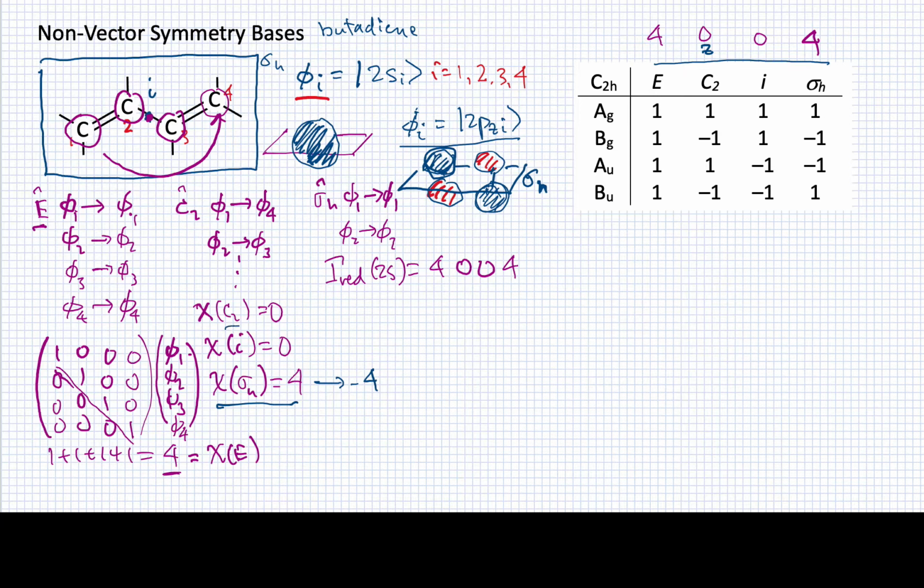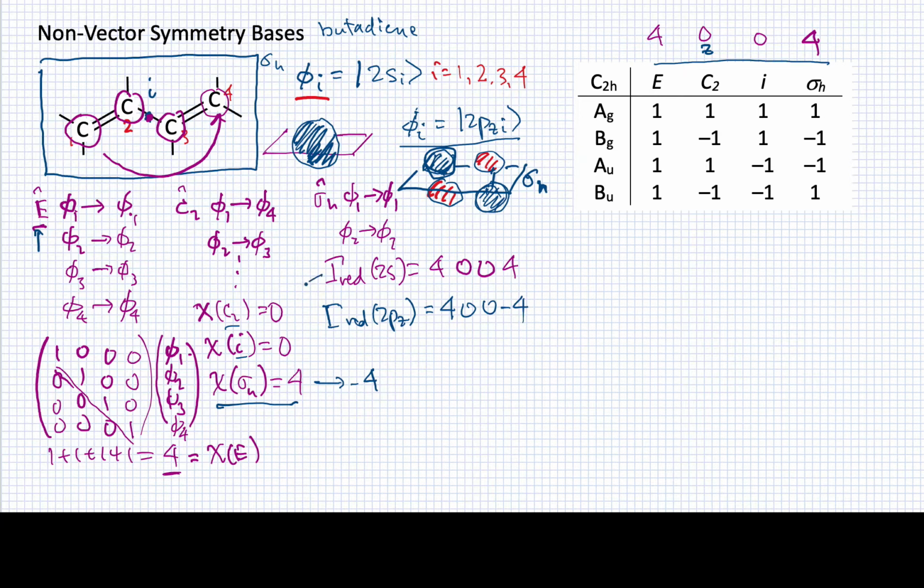Otherwise, C2 and i still change the atoms around, so we aren't going to have any elements on the diagonal for the pz orbitals, but we are going to end up with elements on the diagonal for the identity operator and for the sigma h operator. So in this case, the reducible representation for 2pz will end up having the characters 4, 0, 0, and -4.